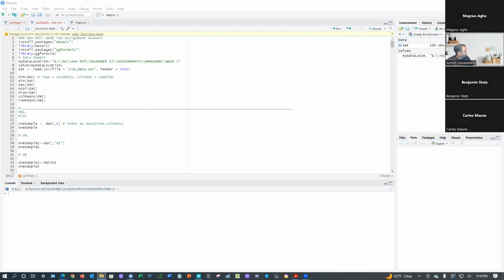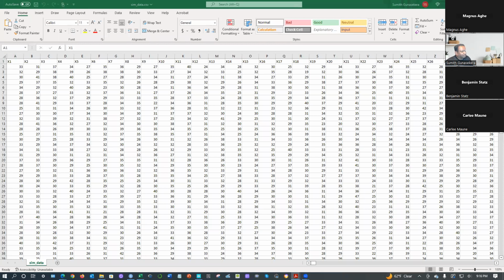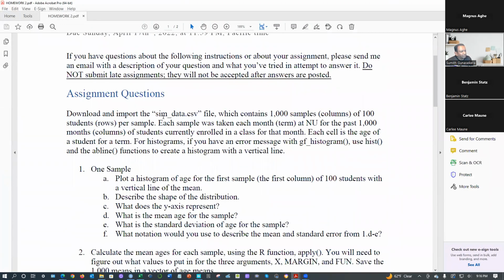Assignment number 2. It's in data. That's the data. This is the information: download and import the simdata.csv file, which contains 1,000 samples. Each sample is of size 100, a sample of 100 students per sample.